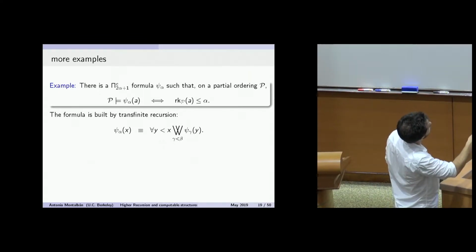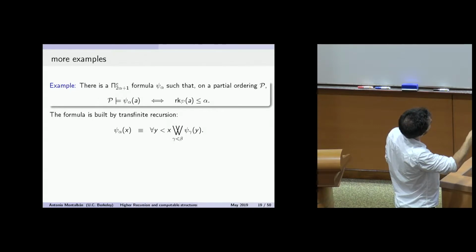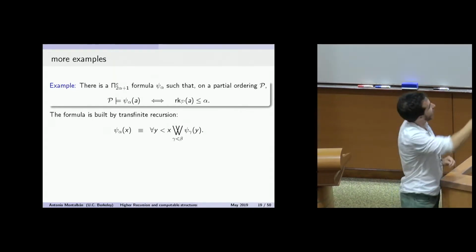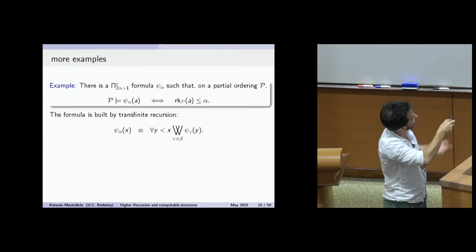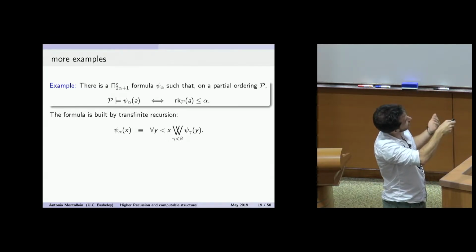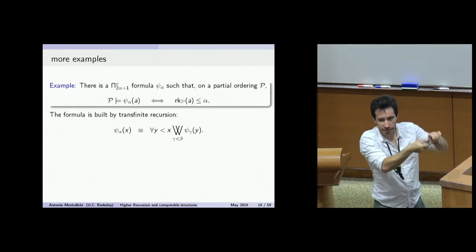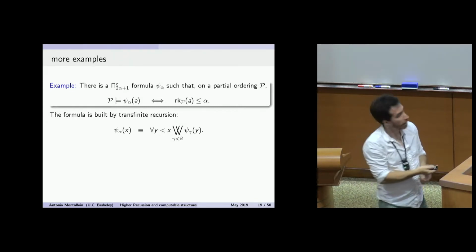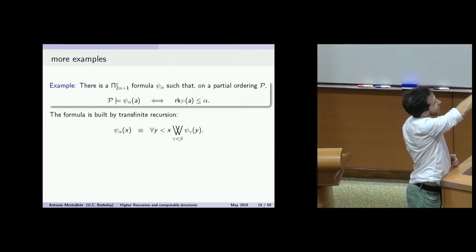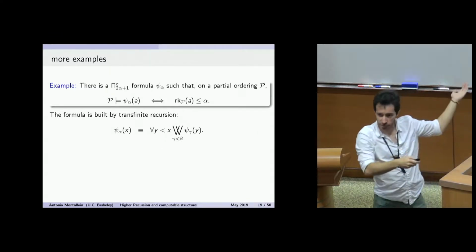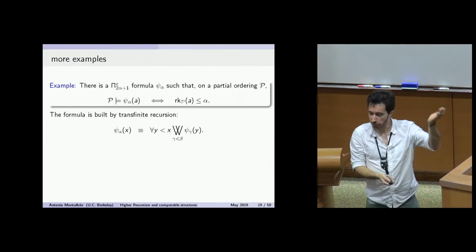I guess this beta and this alpha should be the same thing. So this beta here is alpha. So what this is saying is for every element below you, there is some ordinal below alpha, such that that element has rank below alpha. And we are using that we already know how to define the psi gammas for gammas below alpha to define psi alpha. So the definition is by recursion.